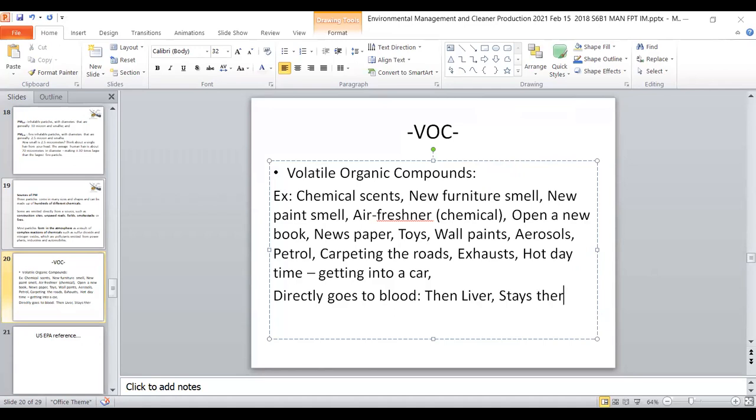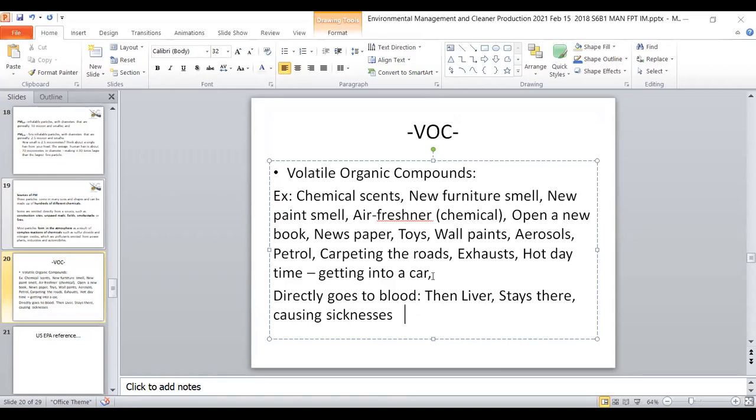It stays there, causing sicknesses. First, it makes the liver sick. That's why even in some developed countries, industrial areas, very easily you can smell this VOC. So VOC smell means your health is at risk. So this is about VOC, volatile organic compounds.